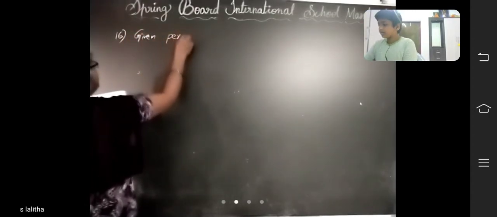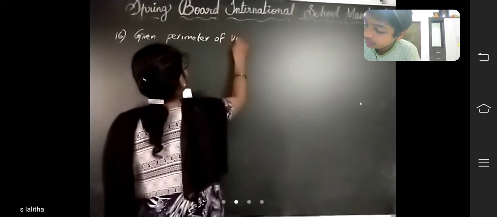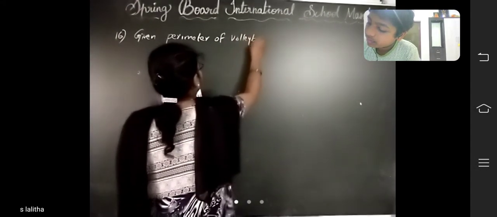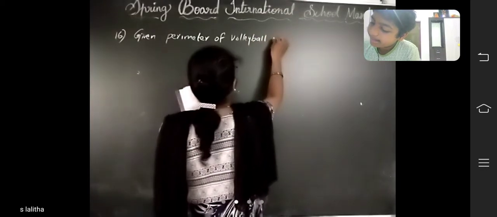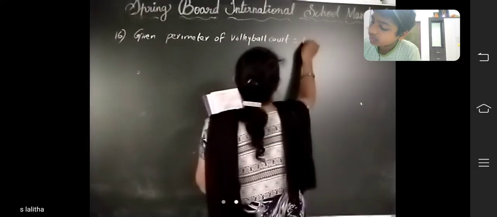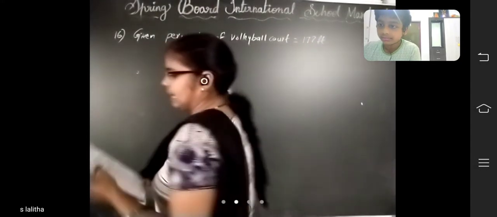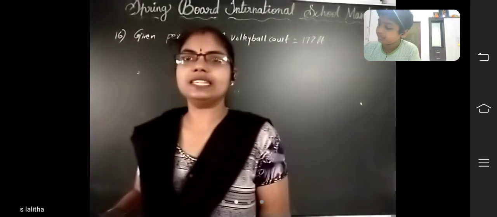So, what is given? The perimeter of the volleyball court is equal to 177 feet. And next, the length is twice the width.